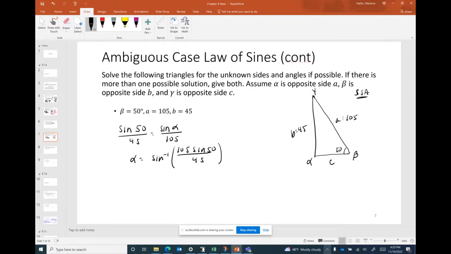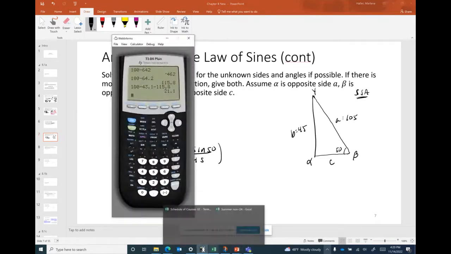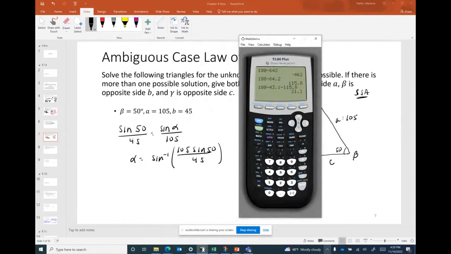Right? And let's see what that is for angle alpha. Inverse sine of 105 times the sine of 50 divided by 45.